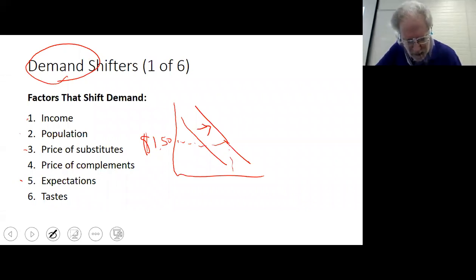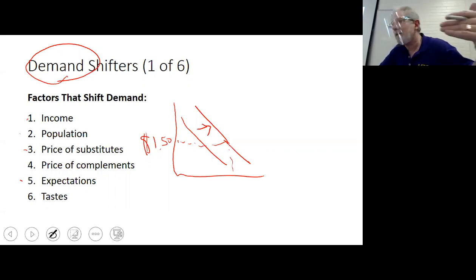All right, and then taste, basically everything else that affects the consumer. We haven't listed everything. Sometimes you have a fad, where people want a certain product. If something else changes, that will shift the demand curve, and which way it shifts depends on what the change is. I think we talked about ice cream and temperature last time. If the temperature goes up by 30 degrees, that's going to affect how much ice cream people want.